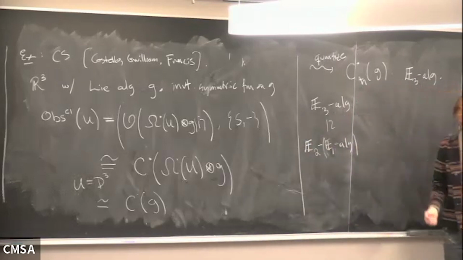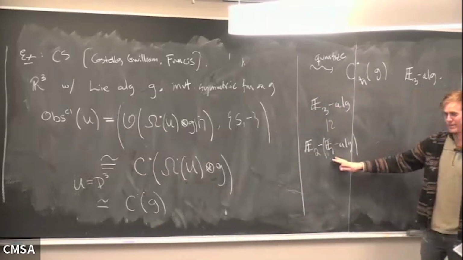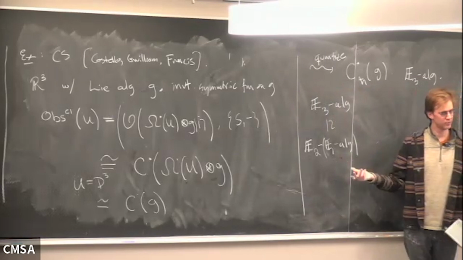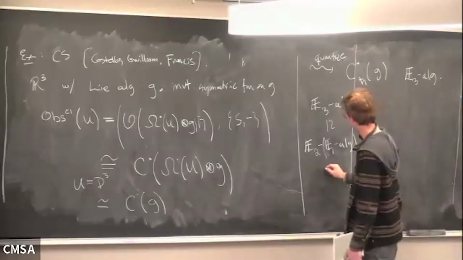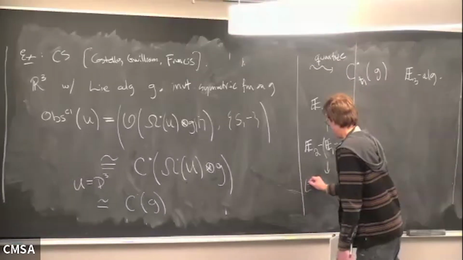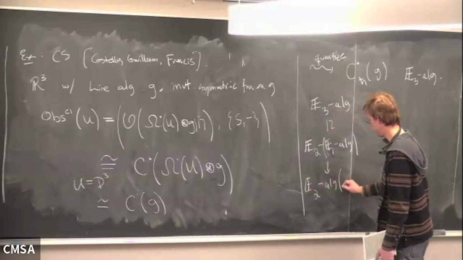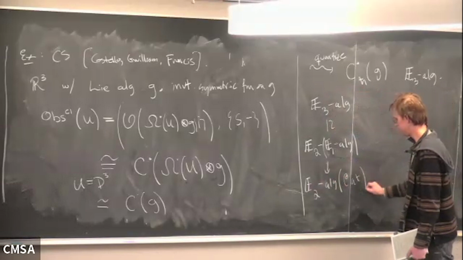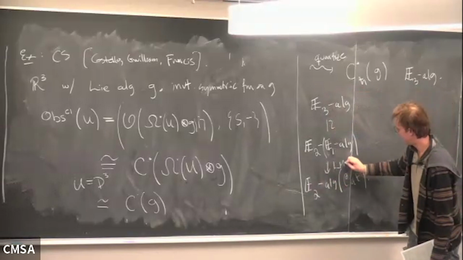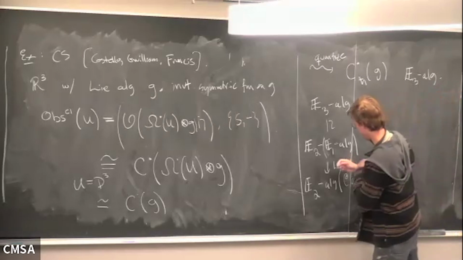Now, to an E1 algebra, I can associate a category. That category is its category of modules. Let's just say left modules. So I get an E2 algebra object in categories. Sorry, I wrote this poorly.